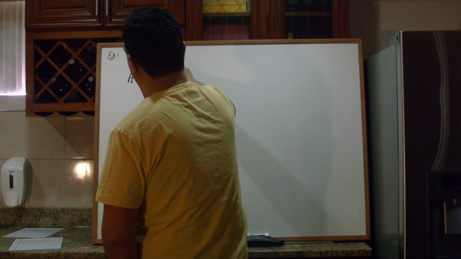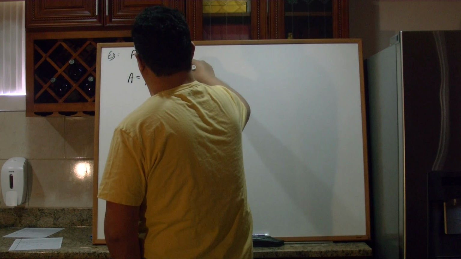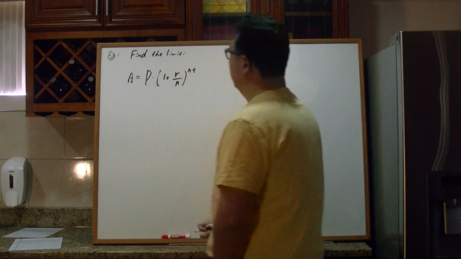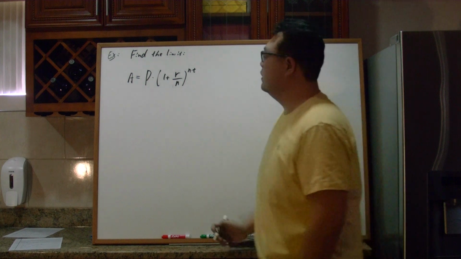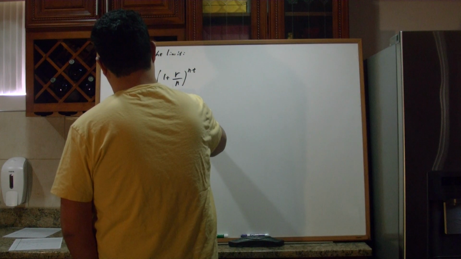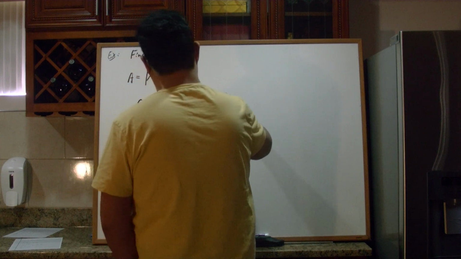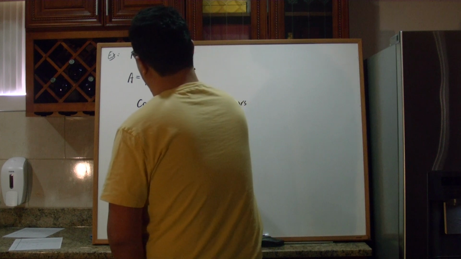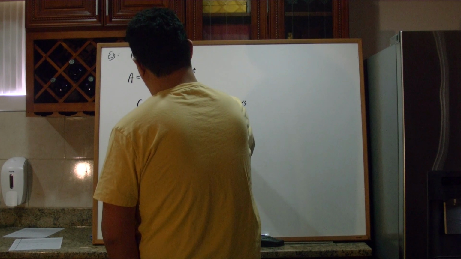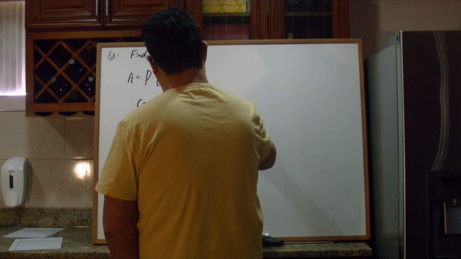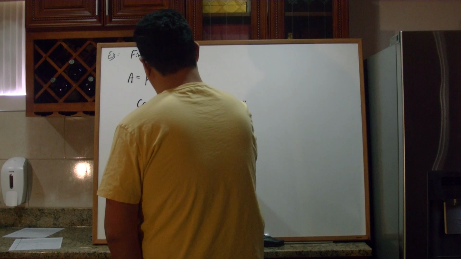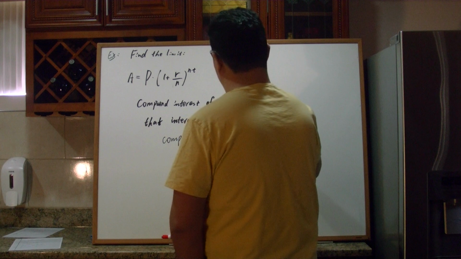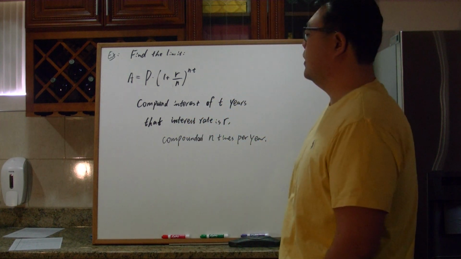Principal times 1 plus the rate r over n, to the n times t, for compound interest over t years, where the interest rate is r, compounded n times per year. Right, that's the formula for compound interest.